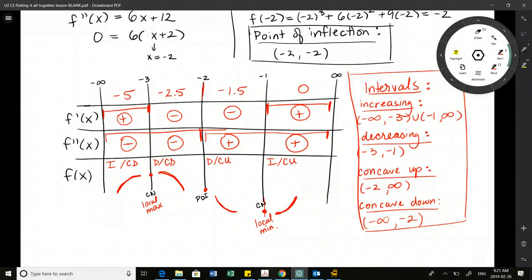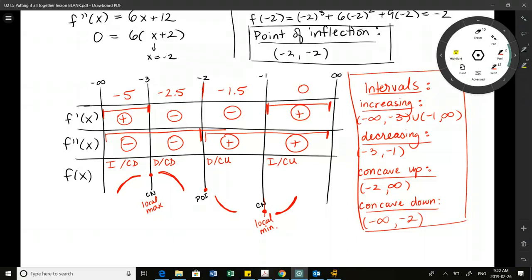Yes? Why are we sure concave, like up or down? So this distinction is important, right? When I'm talking about my second derivative, I don't need to exclude critical numbers. When I'm talking about my first derivative, there's no need for me to exclude points of inflection.